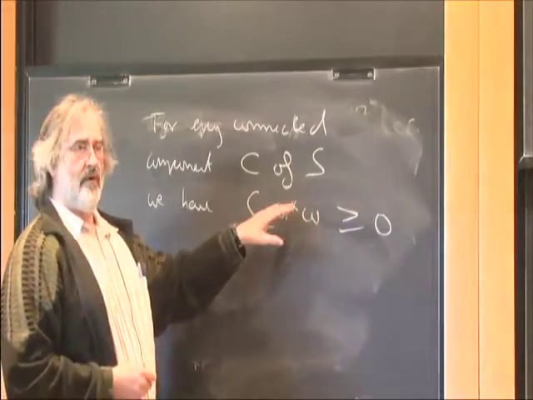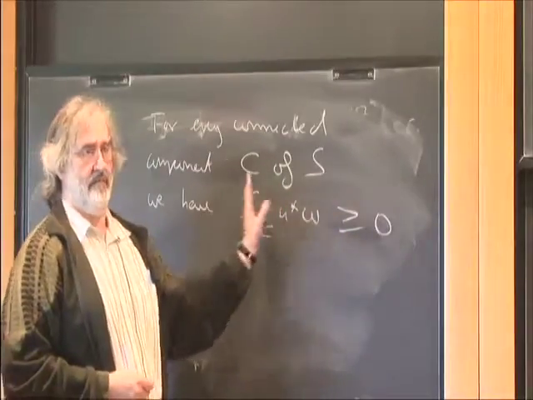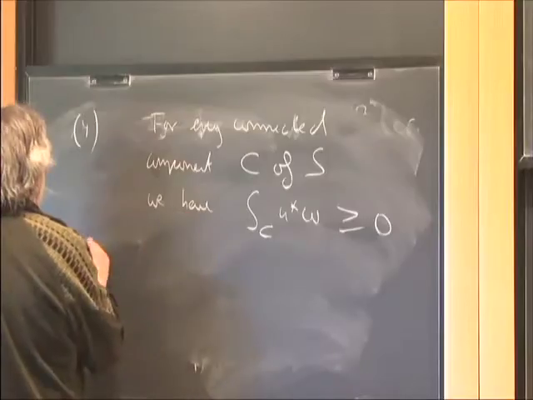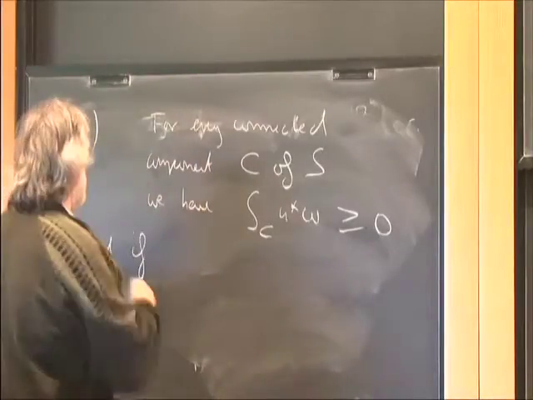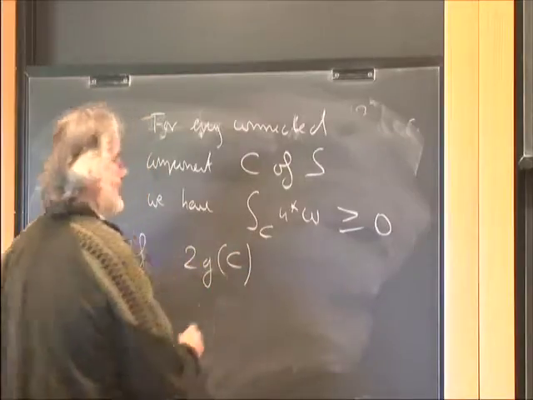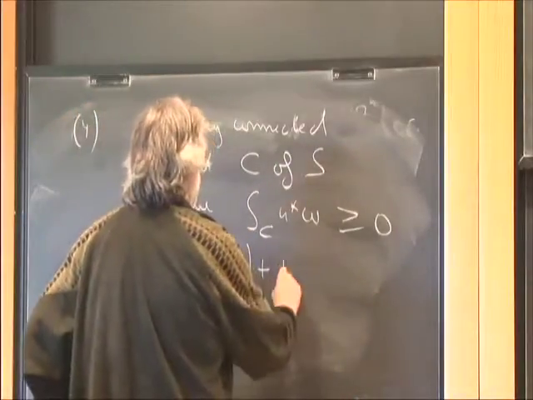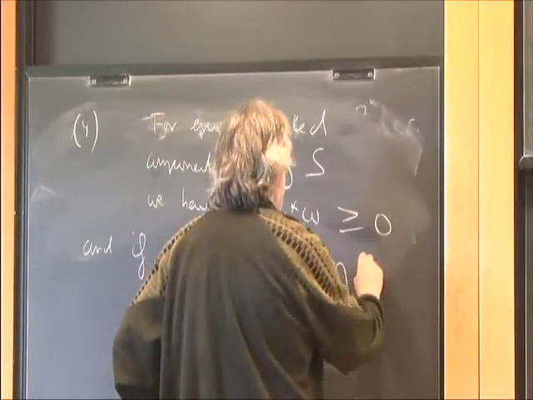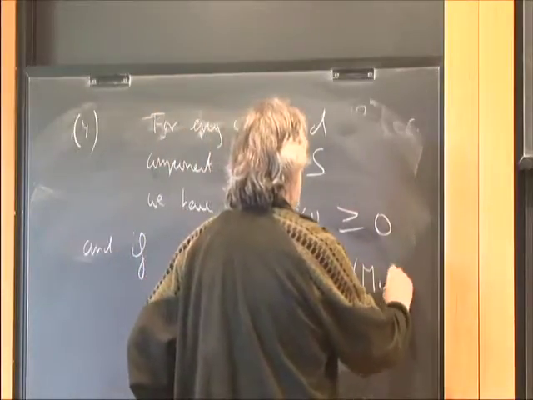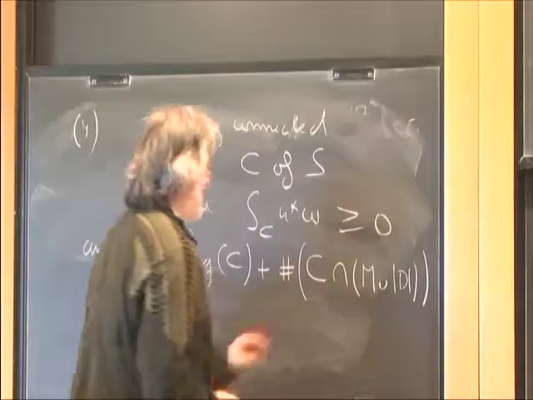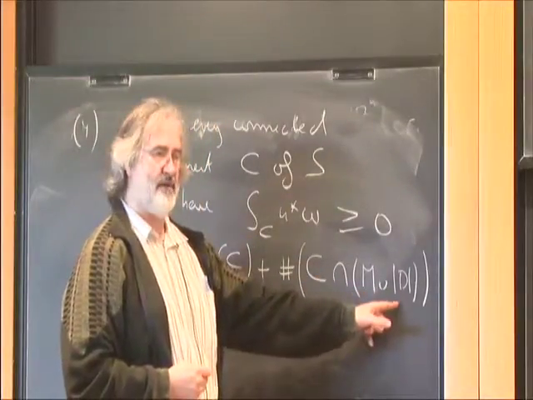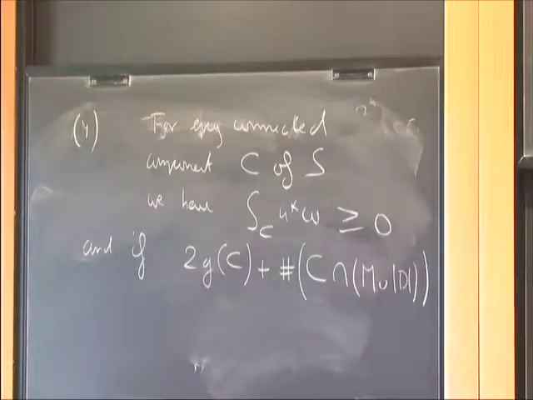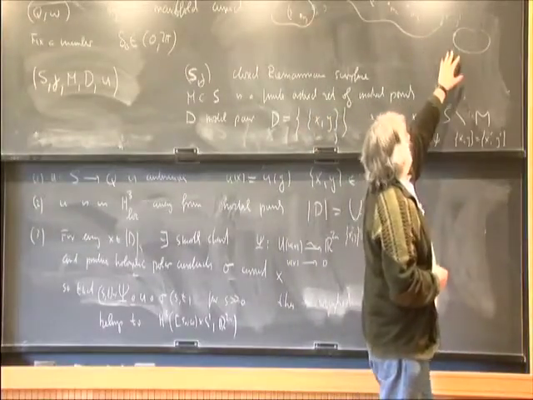Now, if you vary U, this integral will not change, because it's a closed form. But we have this, and if 2 times the genus of C, of the component, plus the number of special points in C, namely marked points or nodal points. So you look at all marked points or nodal points on C. So in this case, there would be 2 special points, the M1 and the X. Here would be Y, it would be 4 special points, and here would be 1 special point.